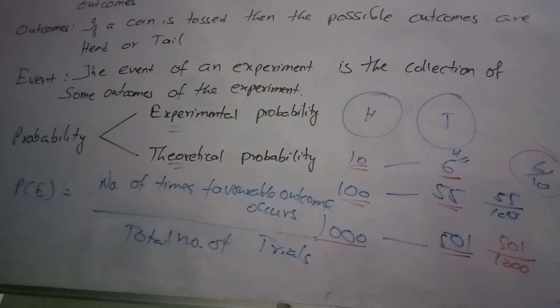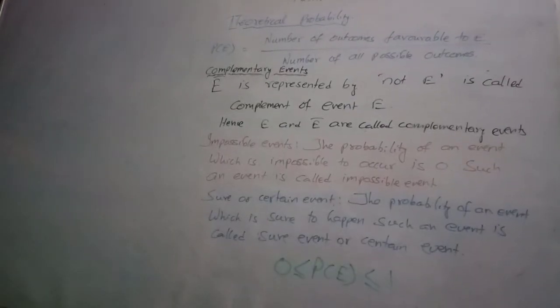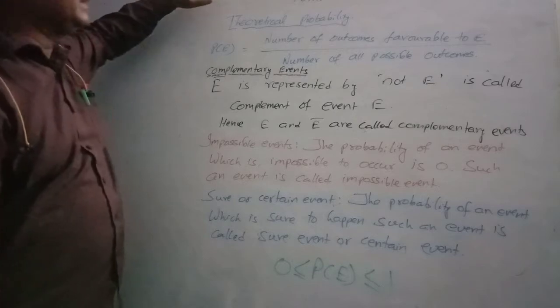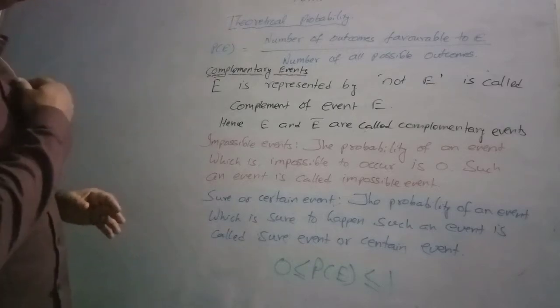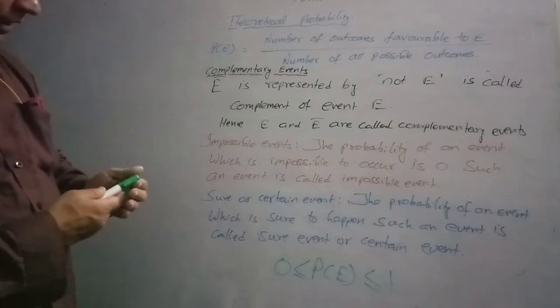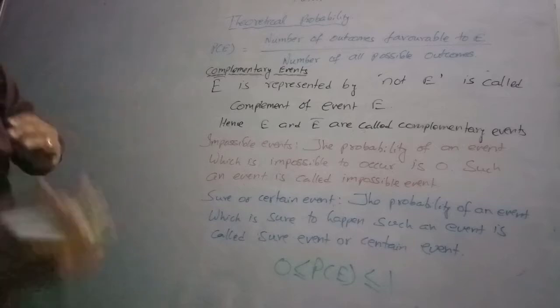So this is the experimental probability. Experimental probability of E is the number of trials in which the event happened divided by the total number of trials. Suppose the number of trials keeps on increasing.